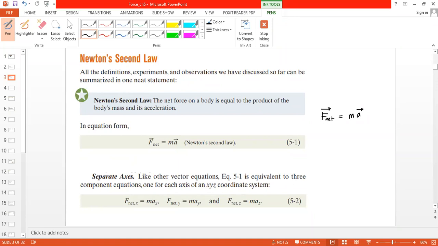What is F net? F net means net force, the total force, and here it is a vector. A vector sign is there. That means F net is the sum of all the forces acting on an object.